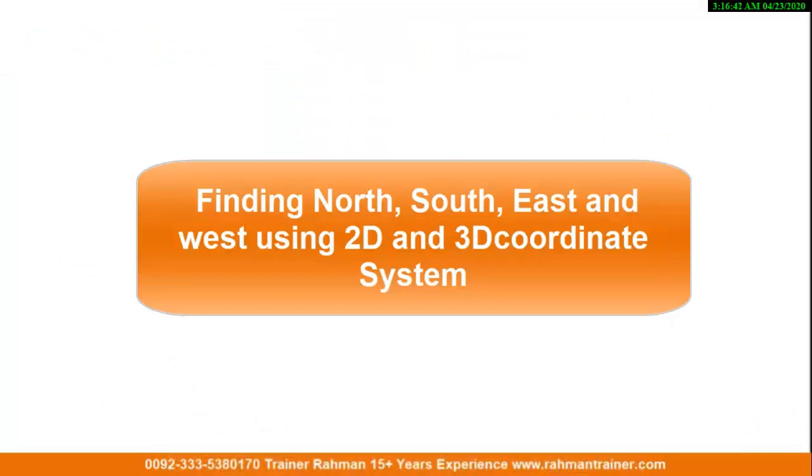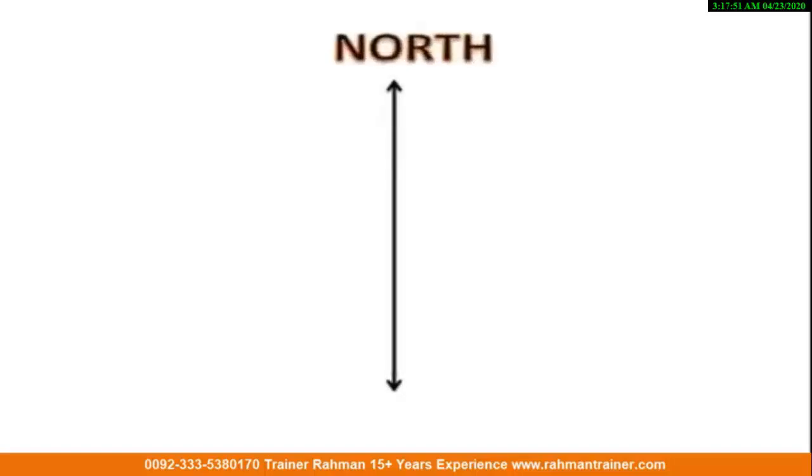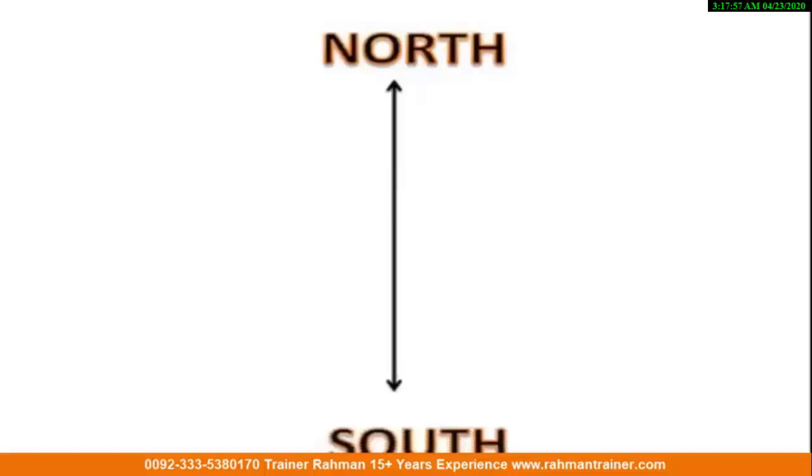Now you will understand how a 2D coordinate system converts in north, east, south and west, and how different directions can be found out. Y axis, top and bottom, and there it is, north on positive y side and south on negative y side.